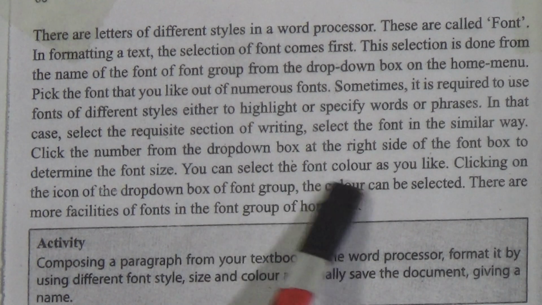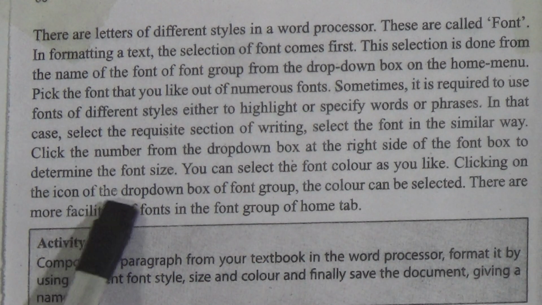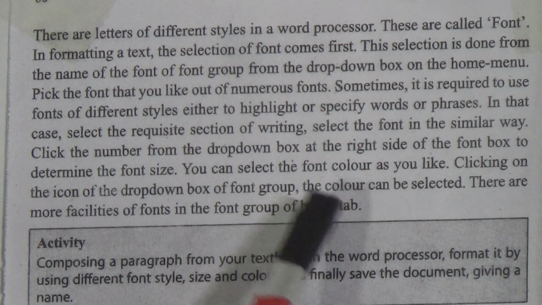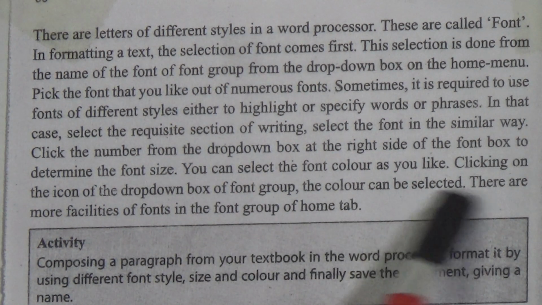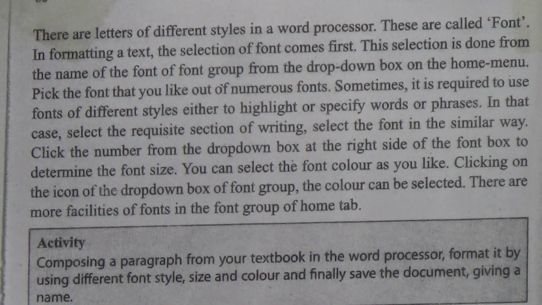You can select the font color as you like. Clicking on the icon of the drop down box of font group, the color can be selected. There are more facilities of fonts in the font group of home tab. That means you can change the color, the shape and size of your fonts, of your letters.